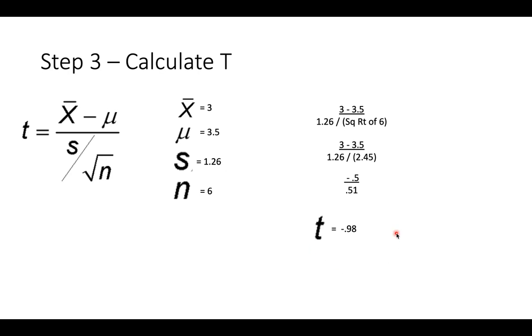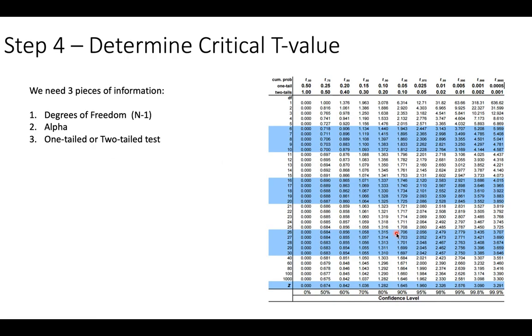Not looking too good. Doesn't look like we're going to be significant, but we have to check with our critical value. Right? We have to check the critical value table and compare it to this calculated t. So we do that here. We need our 3 pieces of information: degrees of freedom, n minus 1, alpha, which was 0.01, and then our decision about whether this was a one-tailed or a two-tailed test.